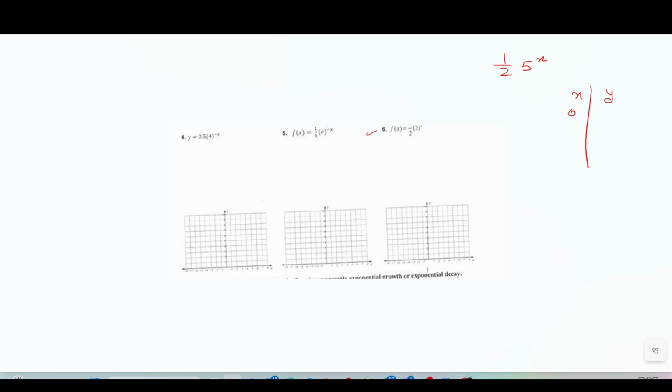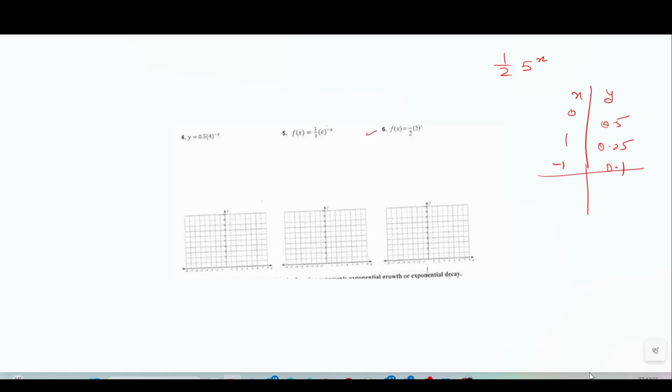0, comma 2. Wait, 2.5. Why 2.5? No, it's not 2.5. It'd just be 0, point 0.5. Point 0.5, yeah. Okay. One. So then now you get 1 comma 2.5.